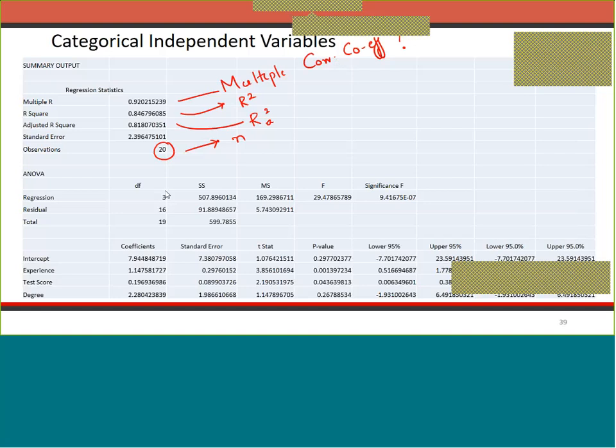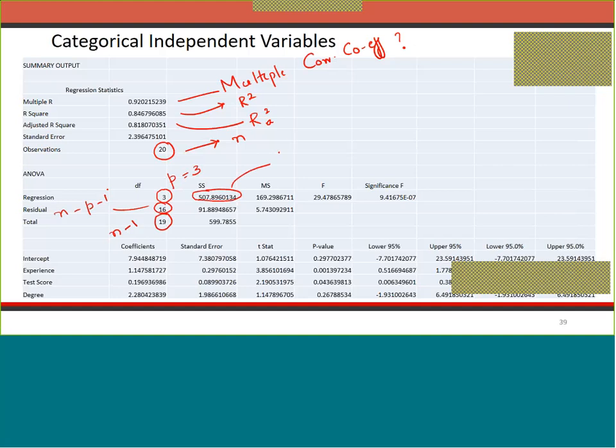And this is the degrees of freedom. The number of independent variables, of course, is P equal to 3. This is the total number of observations N minus 1, that is 19. And this, of course, you can calculate from the table, but this is N minus P minus 1. 3 plus 16 is 19. So you know this is sum of squares.